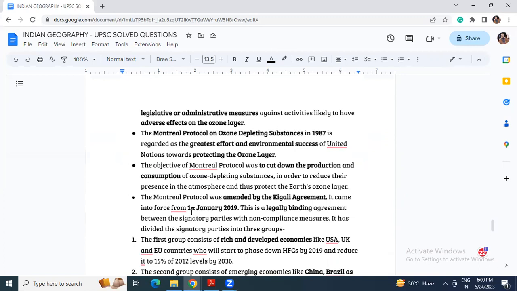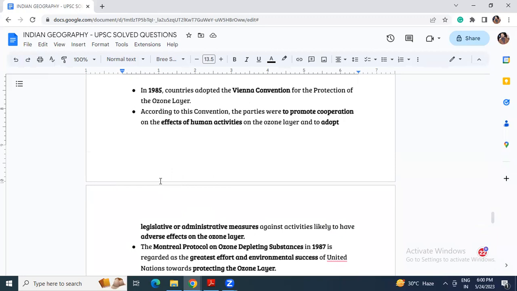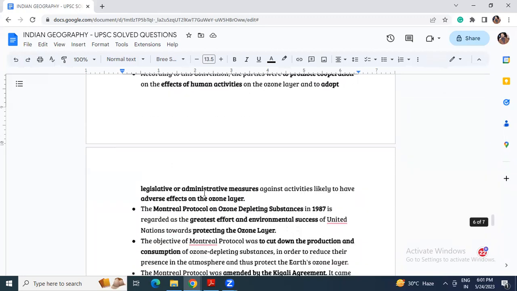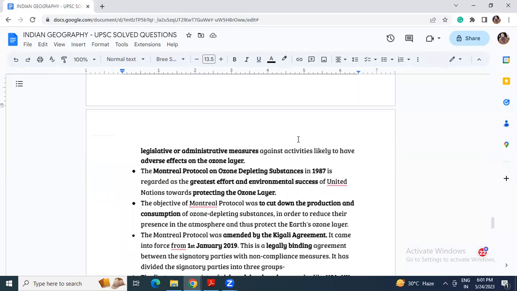Then the Montreal Protocol on ozone depleting substances in 1987. See, the Vienna Convention in 1985, then this Montreal Protocol in 1987. The Montreal Protocol is directly focused on ozone depleting substances.